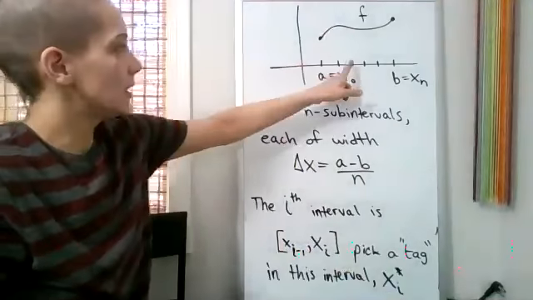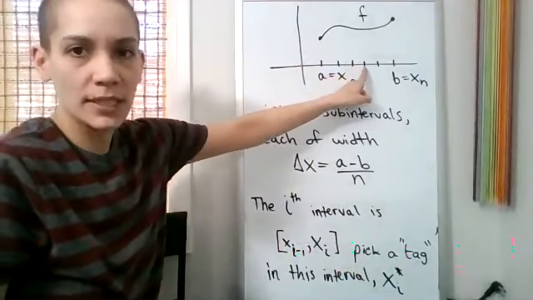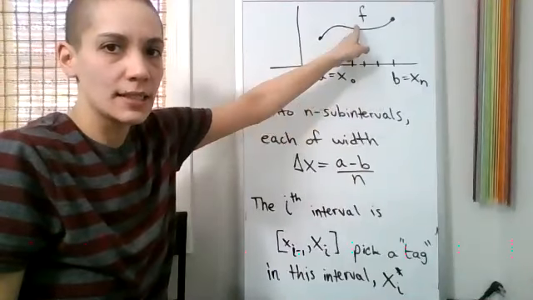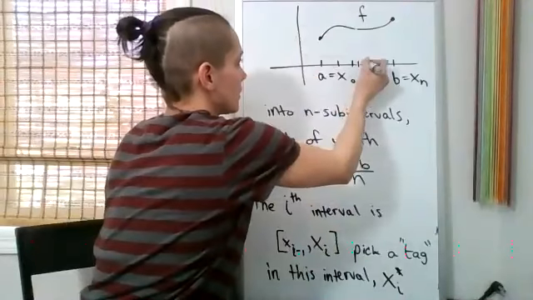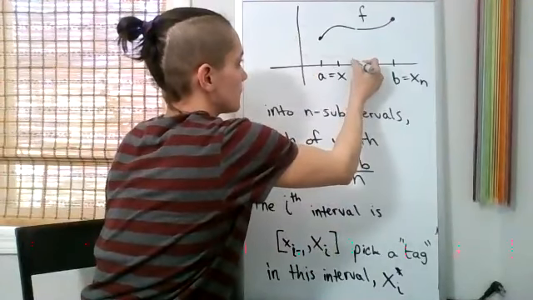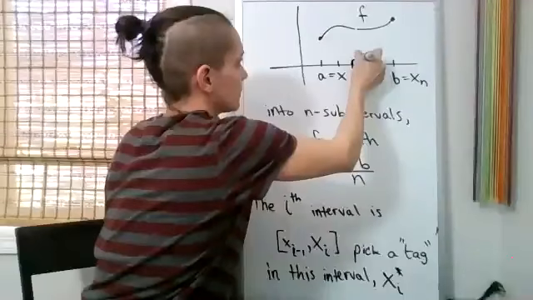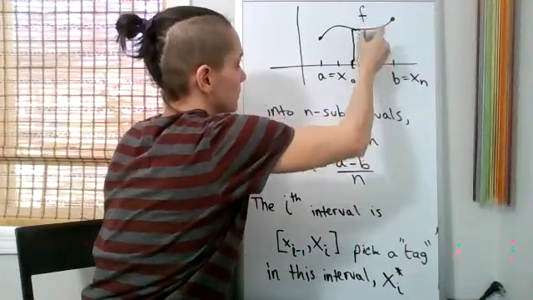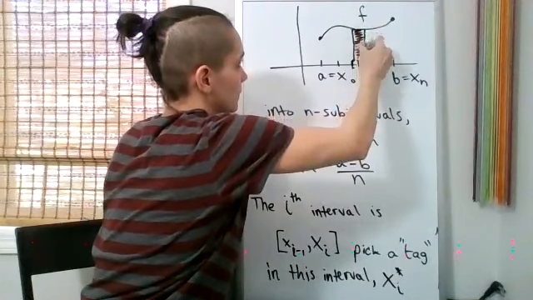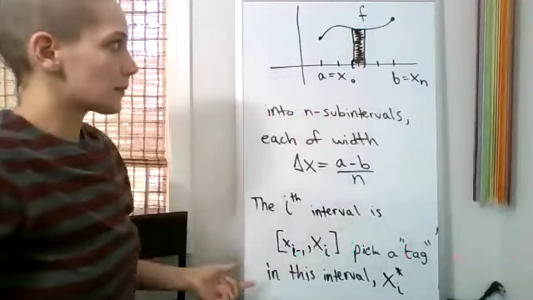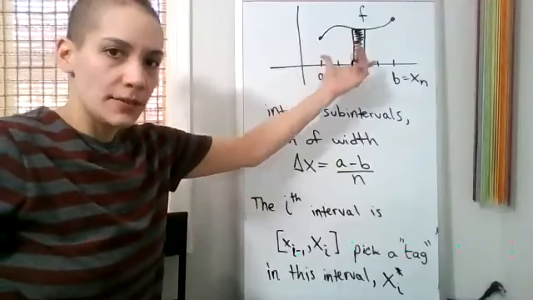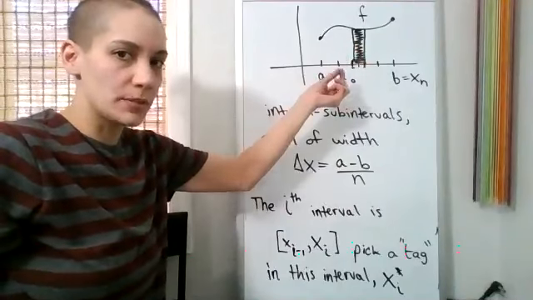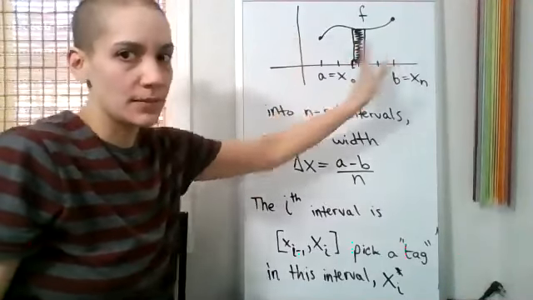So let's say this is x sub i minus 1 and this is x sub i, and I pick some value in there to create the height of the rectangle. And then we just fill everything under the curve with rectangles, getting smaller and smaller in width, and that will give us the full area.